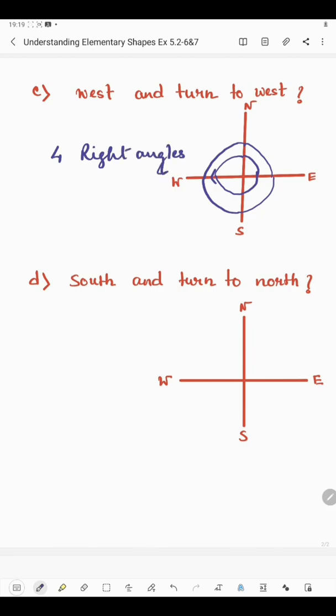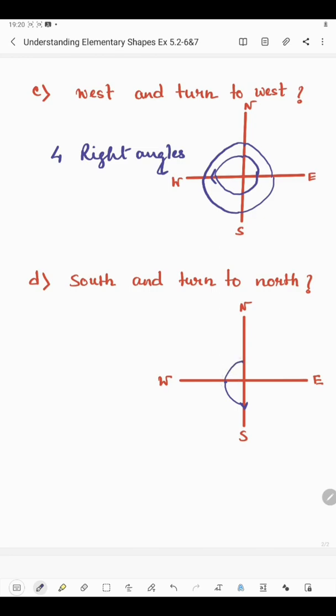Now in the last part we have, if you are facing south and turn to north. If you are facing south, that means here you are, and turn to north. Here also it is not mentioned whether you turn clockwise or anti-clockwise. Suppose you turn clockwise, then at first from south to west you will go, and then west to north.